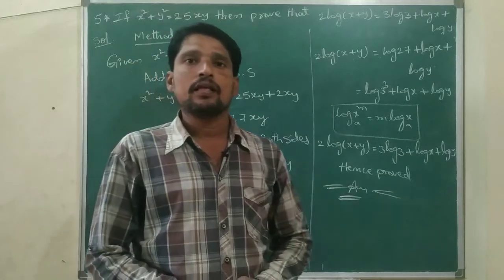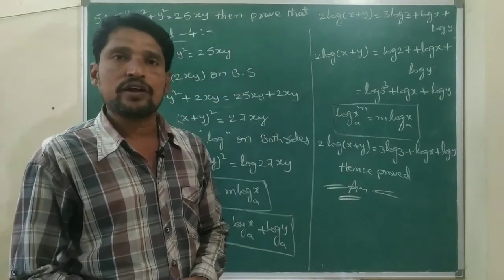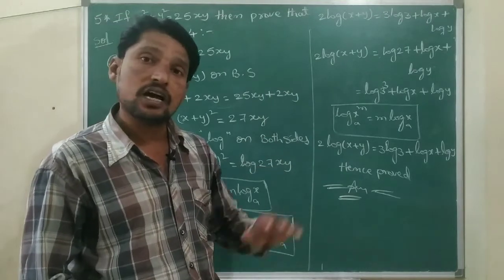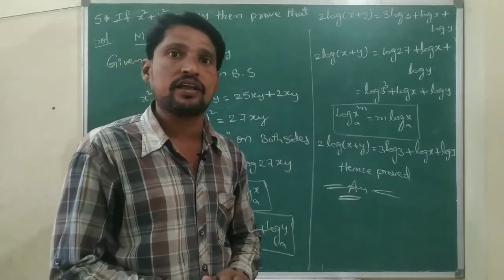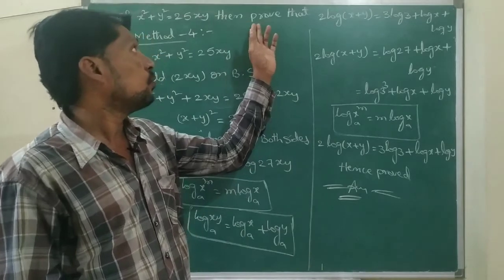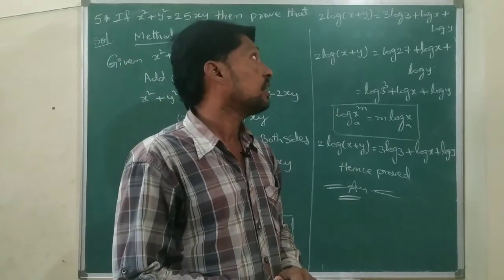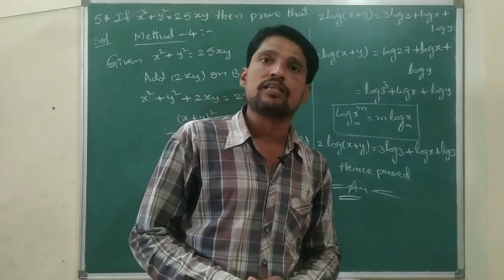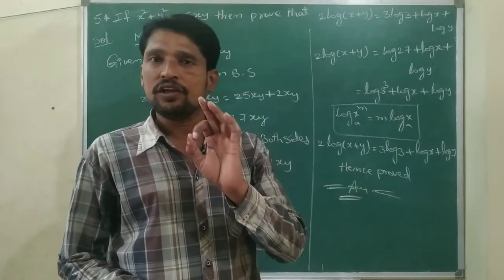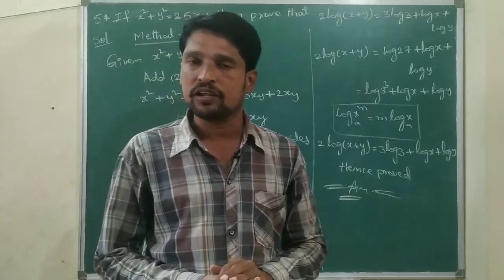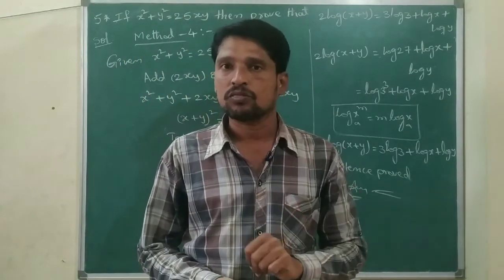This is the problem: if x square plus y square equal 27xy, then prove that, or sometimes they will ask to show that, 2 times log of x plus y equal 3 log 3 plus log x plus log y. It is very important for public examination, board examination, for 4 marks.